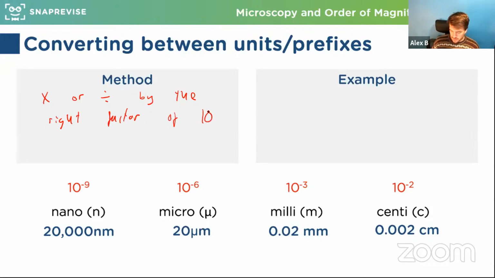So let's work our way from here. So these are all the same measurement. 20,000 nanometers is the same as 20 micrometers, is the same as 0.02 millimeters, is the same as 0.002 centimeters. So how do we get between these numbers?